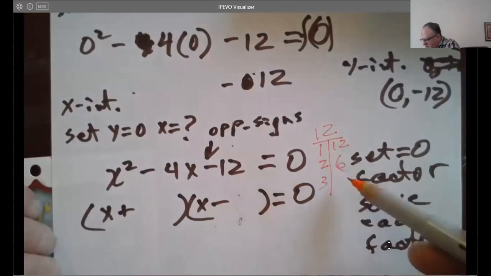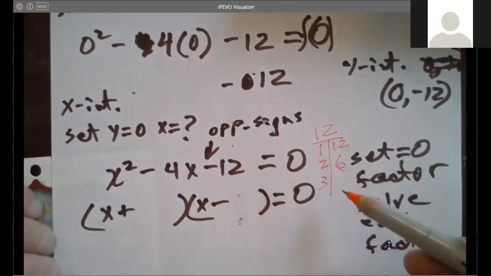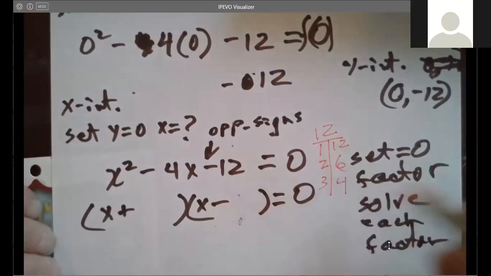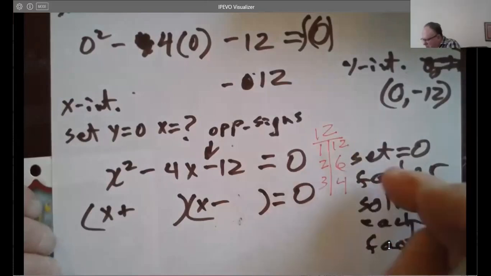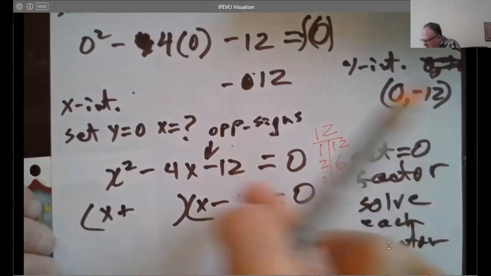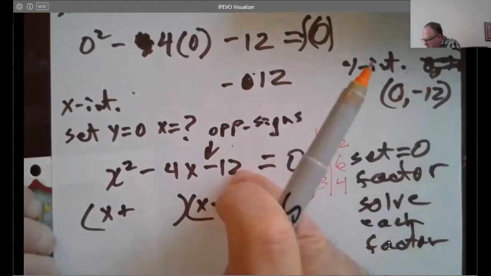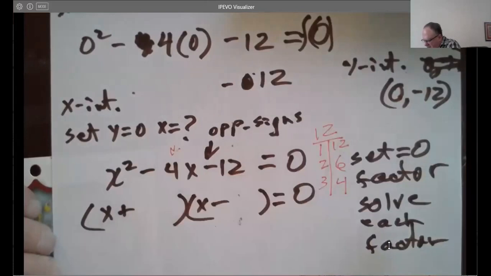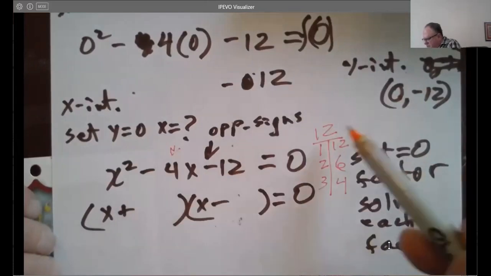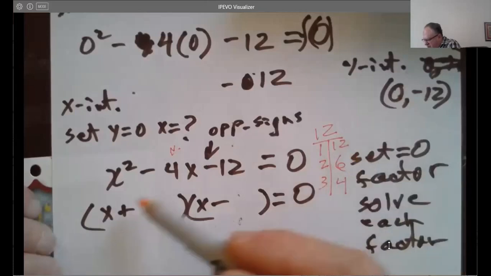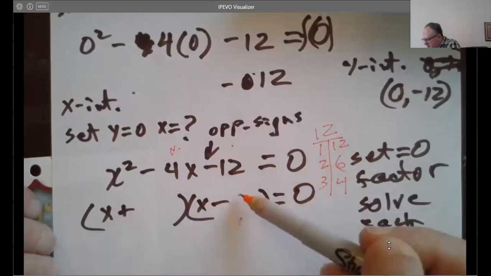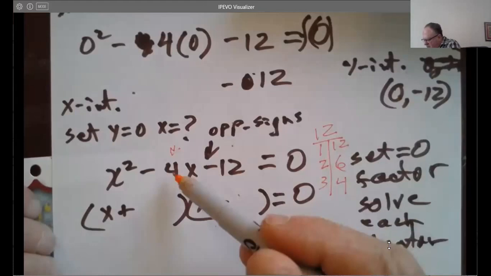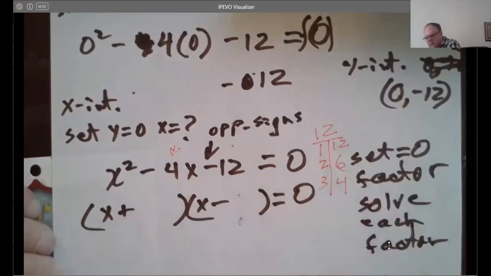Well, 3 times what is 12? Oh, 4, right? So either 1 and 12, 2 and 6, or 3 and 4 are factors of 12. But only one of these pairs will give you the middle term, negative 4. So which pair of factors will subtract, because the signs are opposite, to give you negative 4? Is it 1 and 12, 2 and 6, or 3 and 4?